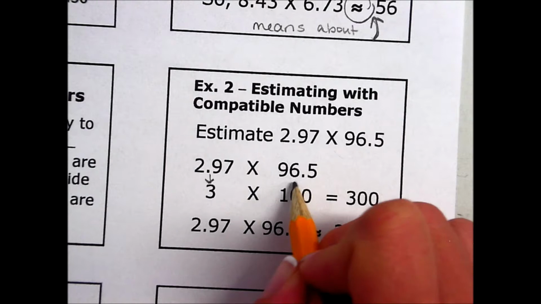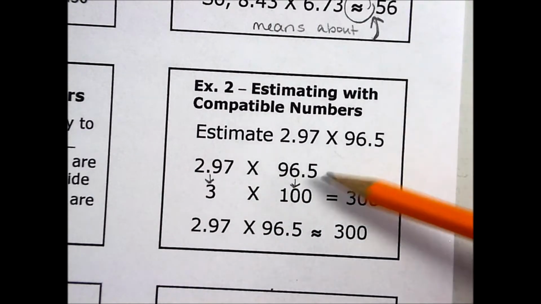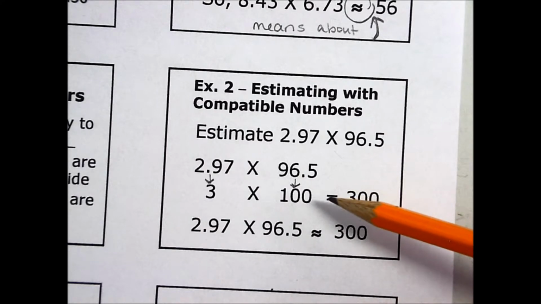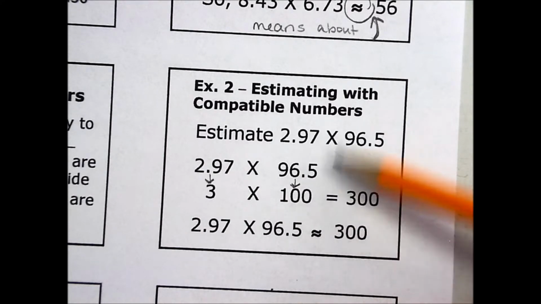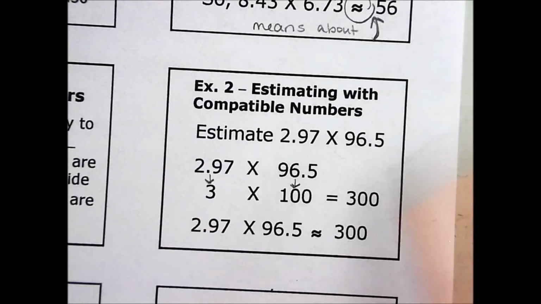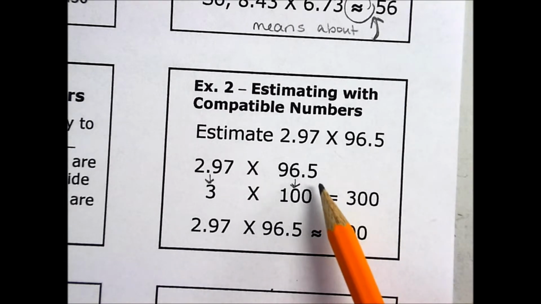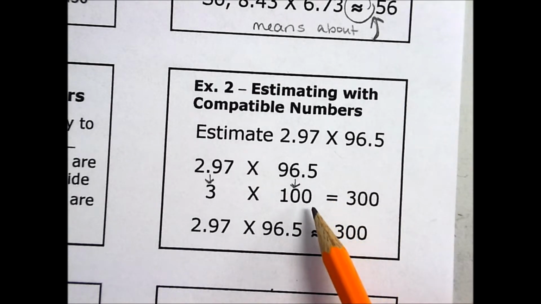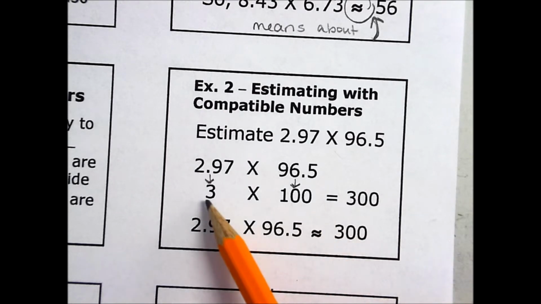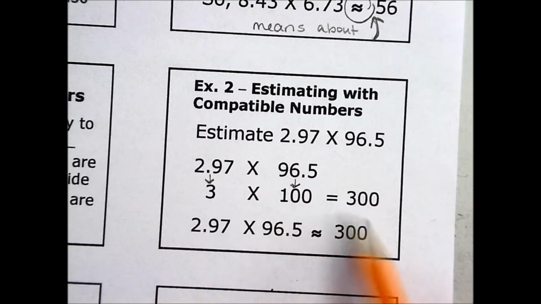But then this 96 and 5 tenths, instead of simply rounding it up to 97, which is what we would do if we were using regular rounding, we're going to round 96 and 5 tenths all the way up to 100, because it's pretty close to 100 anyways, and that's very easy to multiply. I can easily in my head multiply 3 times 100 and know that it's 300.